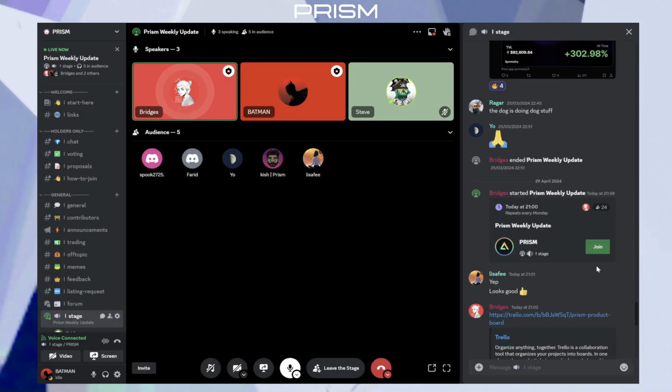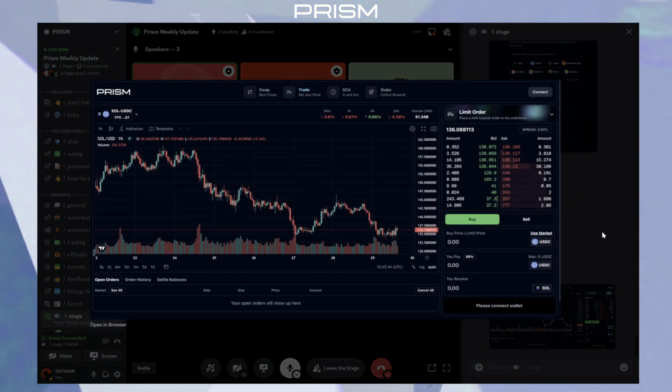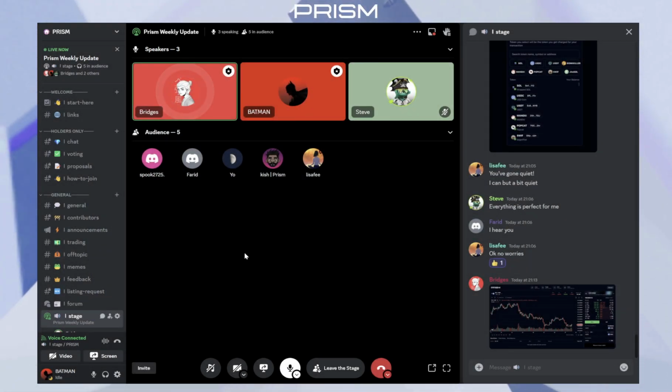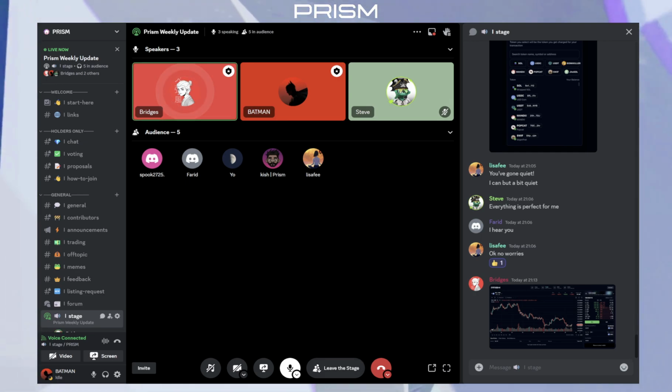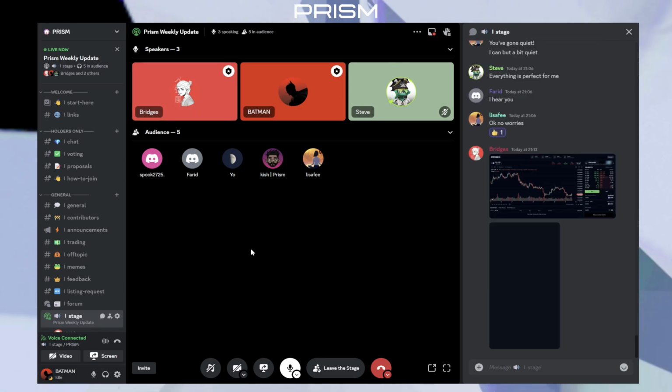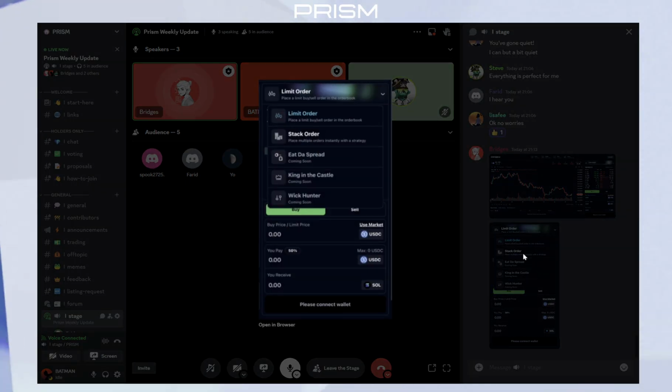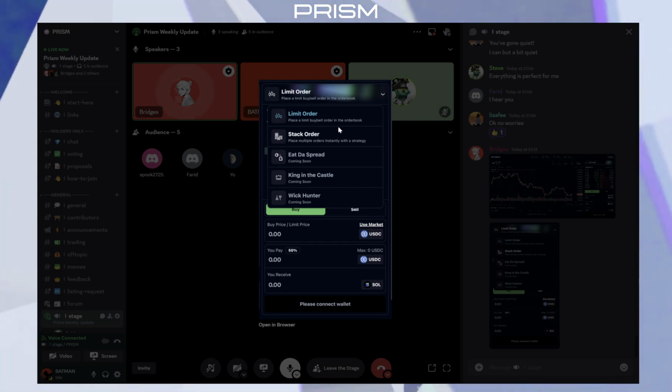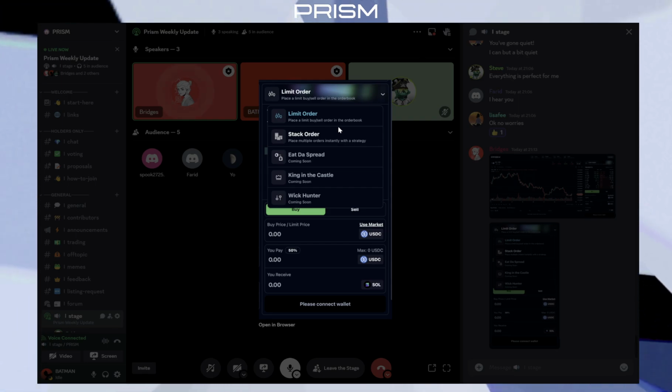And for the strategy orders, let me give you a screenshot here as well. So when you click on the limit order on the top right corner, you have a drop down where you select the type of order you want to place. So here you have the limit order, the stack order, which previously was a strategy.